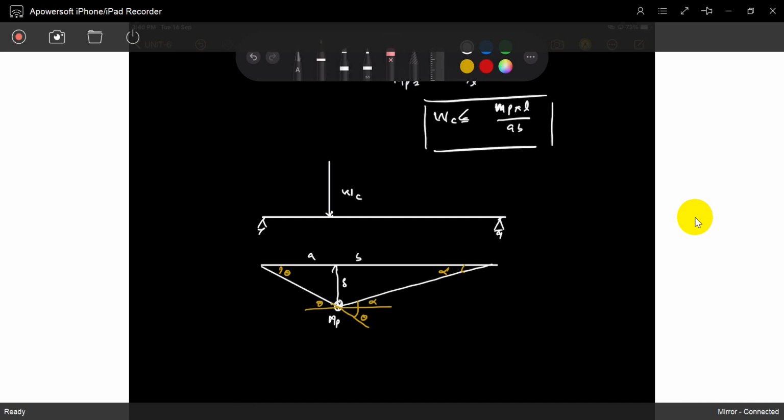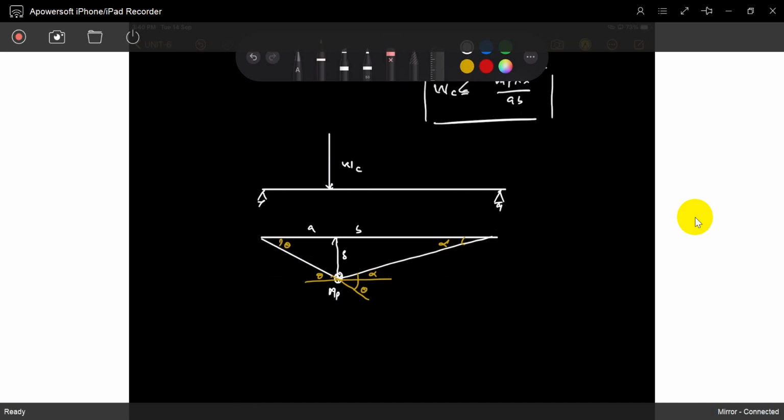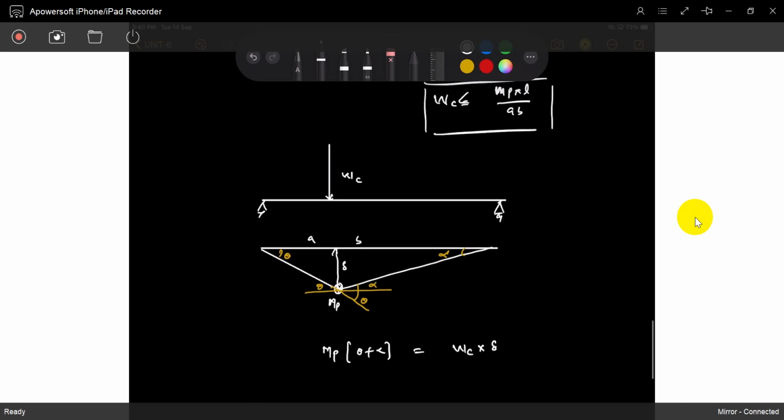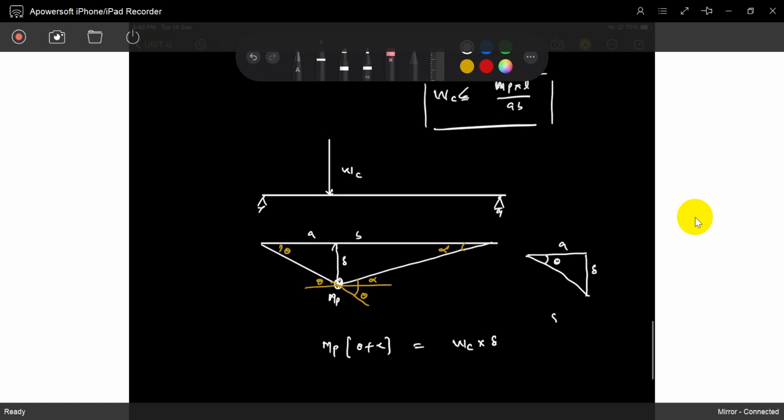Now you can see the internal work done and the external work done, that is delta. We have to change it. See, one thing first. It is A, this is delta, this is theta. So delta is A theta.